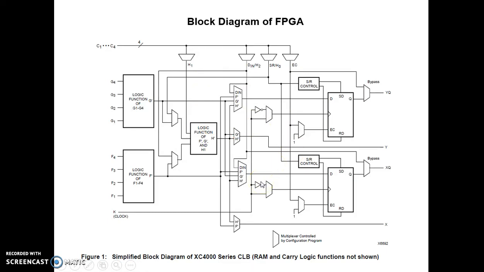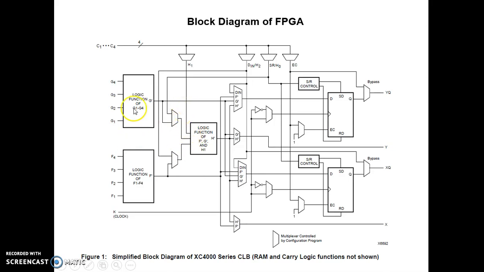The CLB's most important programmable elements are logic function generators F, G and H. Both F and G can perform any combinational logic function of their 4 inputs, and H can perform any combinational logic function of its 3 inputs.